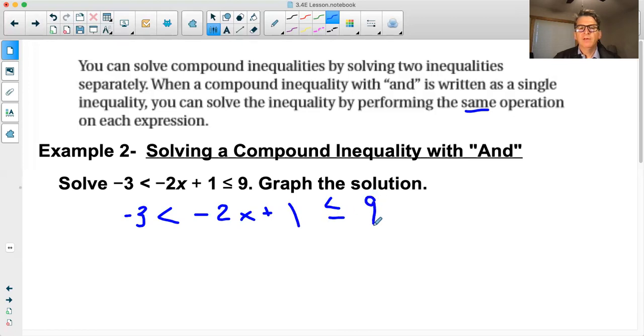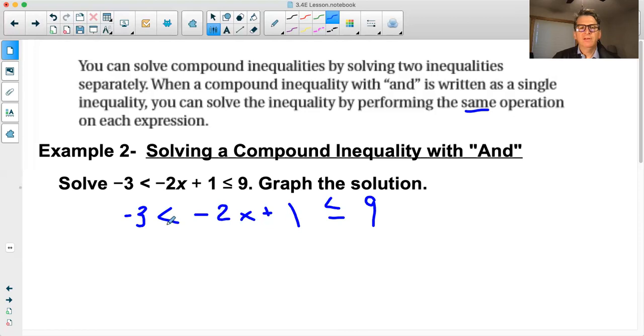Okay, so you got to think of it this way. You've got two sides to this. You've got this left side, and then you've got this right side. I don't want to make this look so cumbersome, but if you remember back, we learned about equations, we had these railroad tracks where we would separate the left side and the right side.